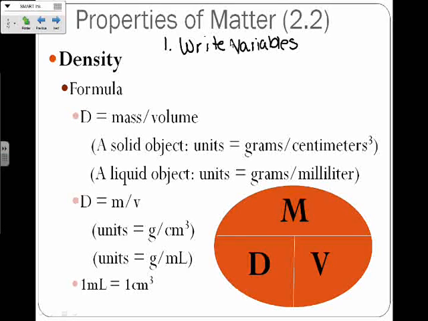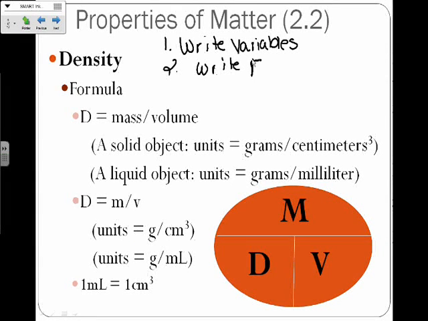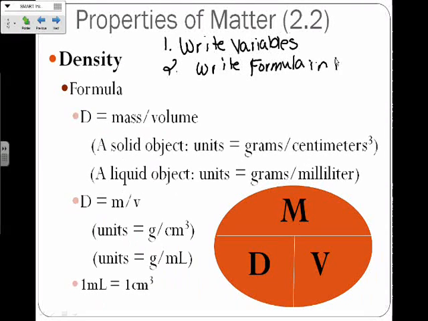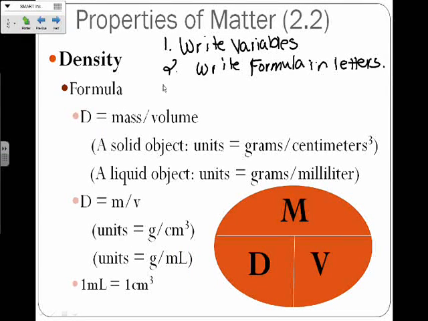And then you're going to fill in what you know and what you don't know. And we'll do these in a second with an example. So step number 2, you're going to write the variables, and then you're going to write your formula in letters, because the formula may change depending on what you're looking at or looking for.